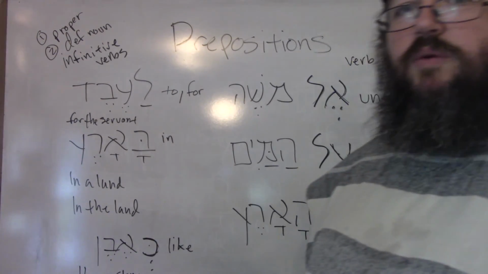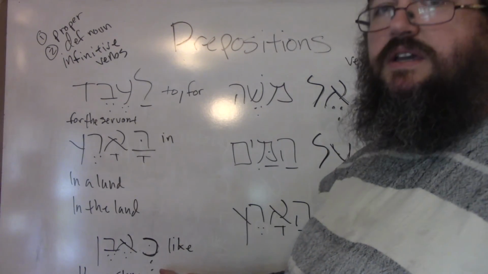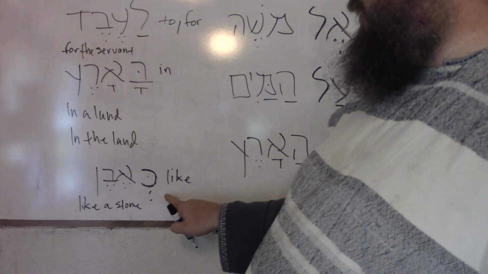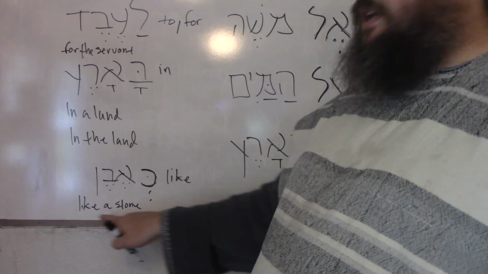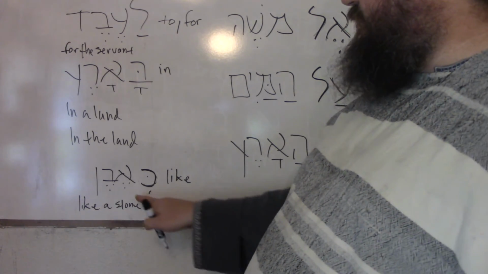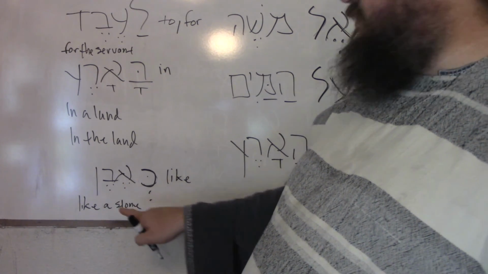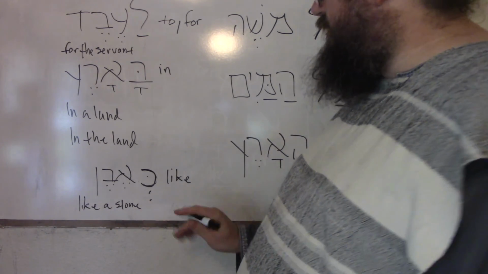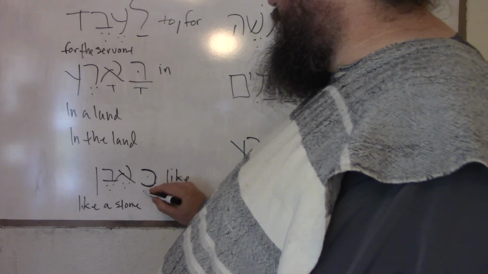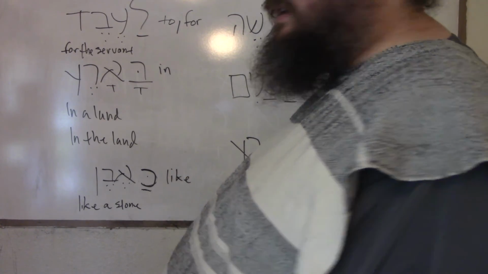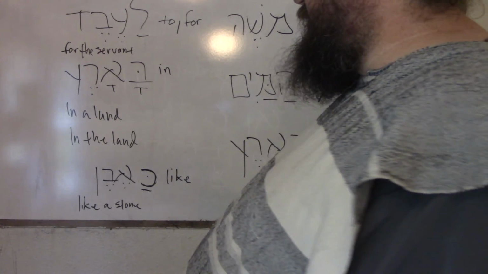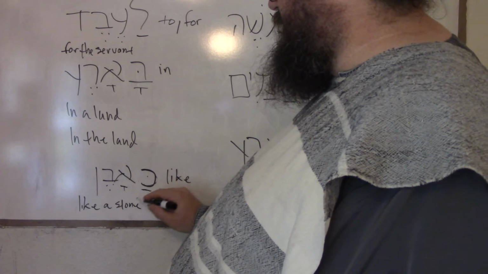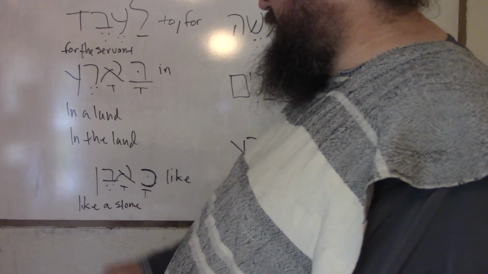So I know that when I'm doing this, as we see down here, that we look at this, like a stone, that I'm talking about the fact that this is indefinite, and I also know this is indefinite, so I have to translate it in the indefinite state, like a stone. But if I make this definite, and because I know this is the aleph, I'm going to have to make this a kamatz, ka'even.